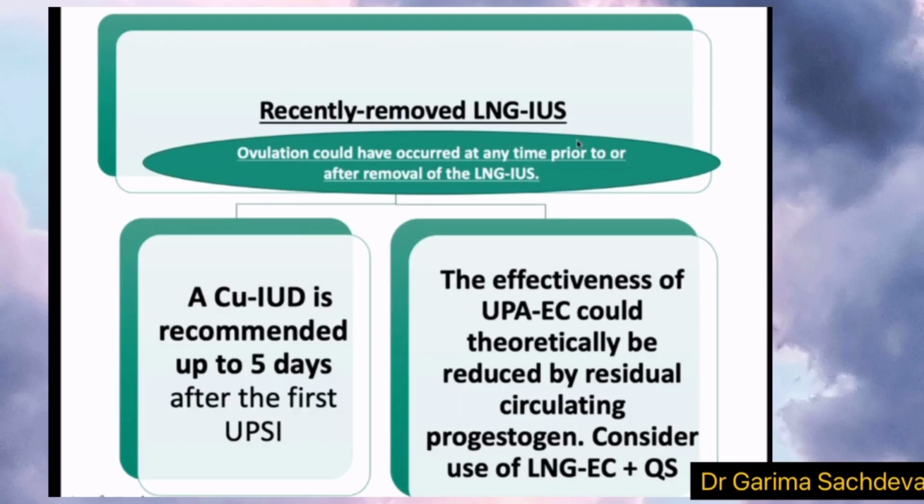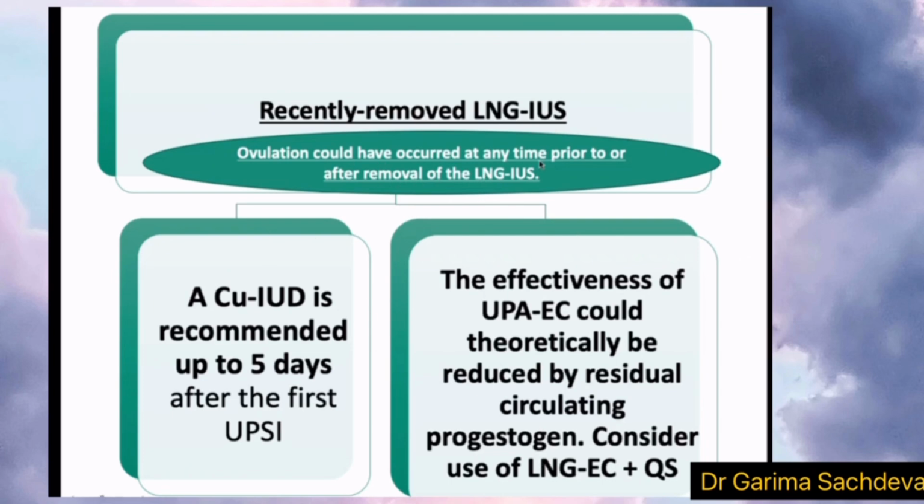Then for LNG-IUS, if you have to give emergency contraception after it has been removed, you can offer a copper T up to 5 days, or in this case again you cannot give ulipristal, because it's a progesterone; if you have to give an oral one, you give LNG. This is the same thing.